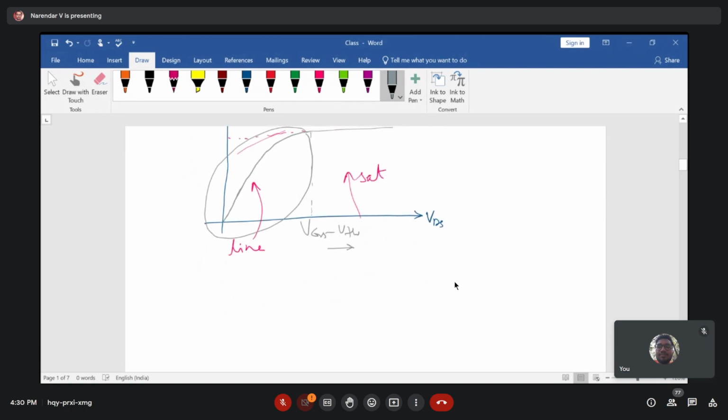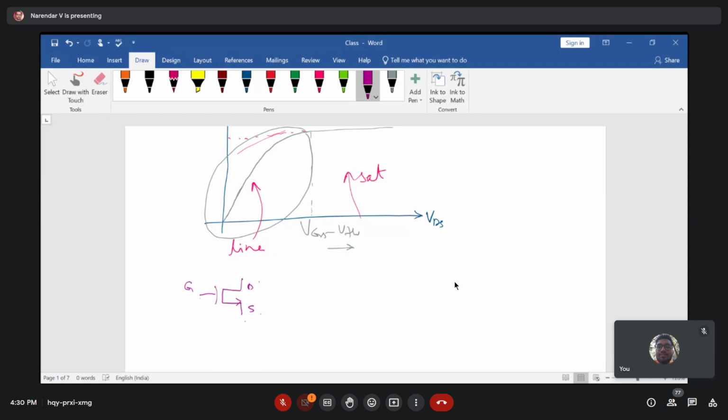For this plot, if you take a MOS transistor, this is your MOS transistor with a gate terminal, drain terminal, and source terminal. You have a gate to source voltage and a drain to source voltage, and the source terminal is common for gate and drain.